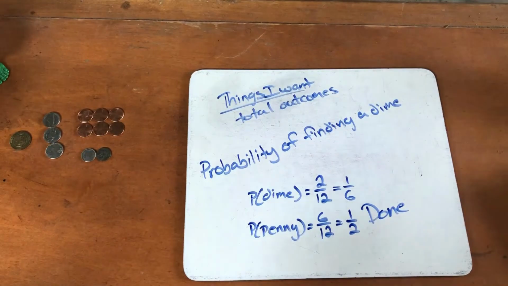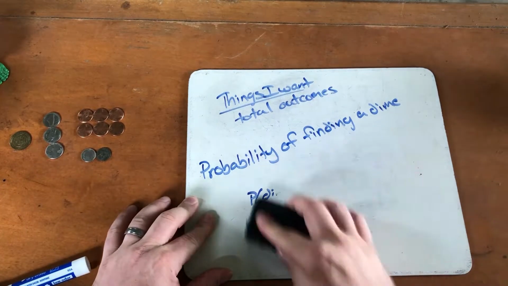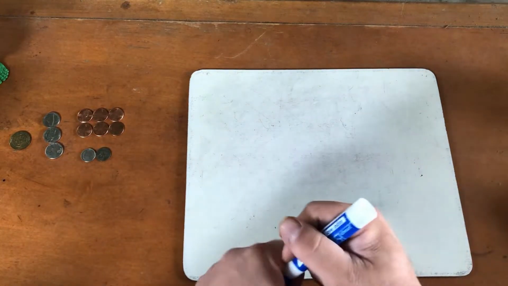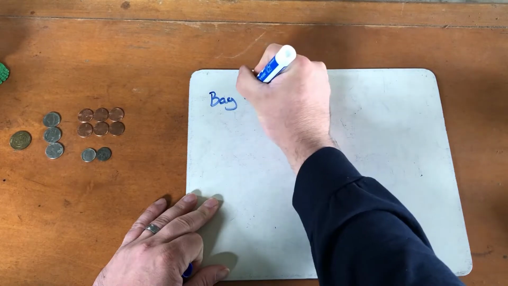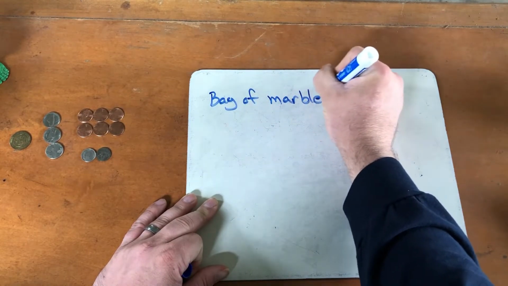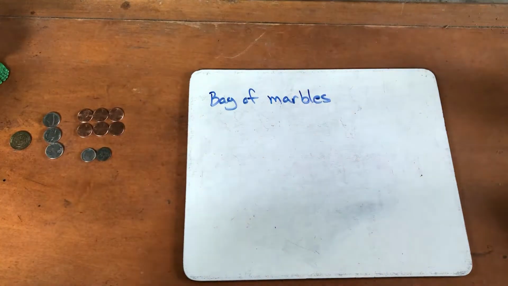Now, let's look at another example. So we have our situation with change, but let's say we have a bag of marbles. Now, in this bag of marbles, we have several different types of marbles.